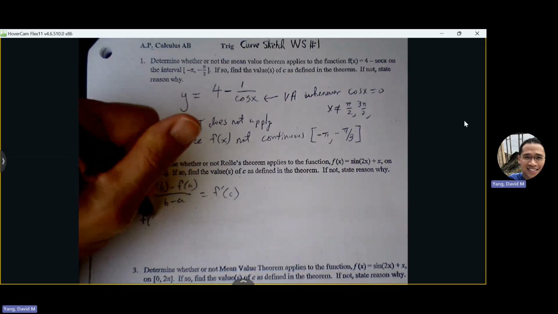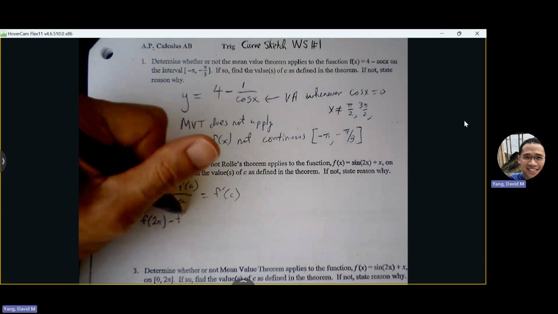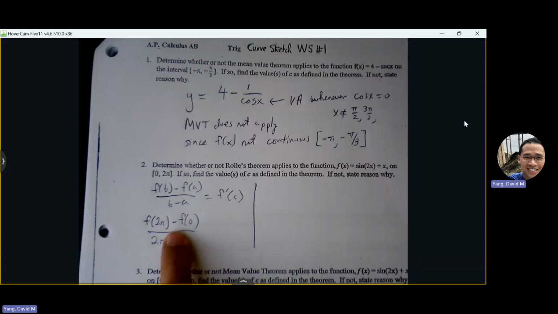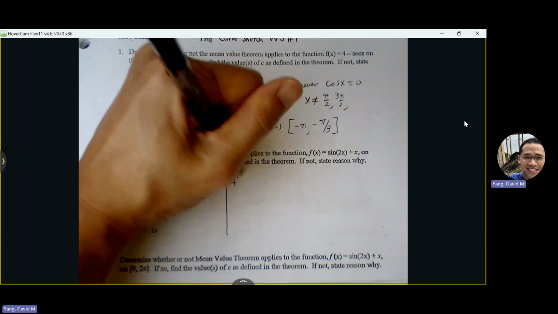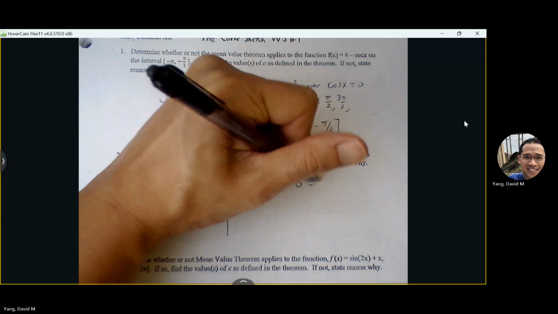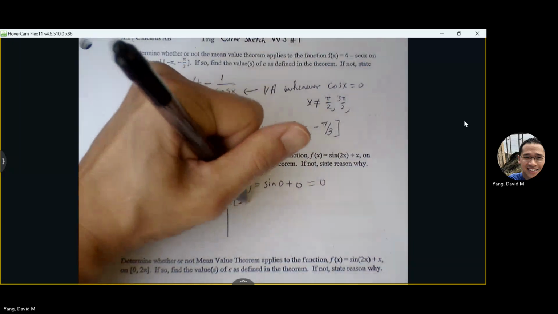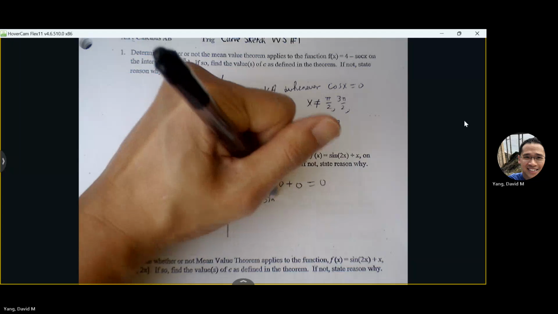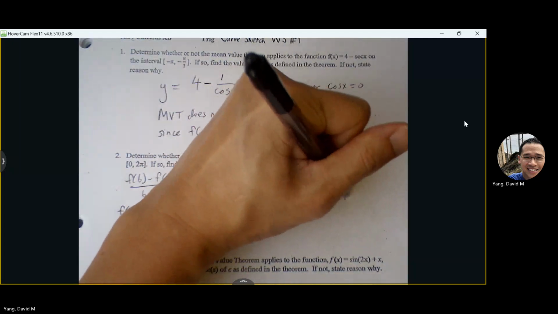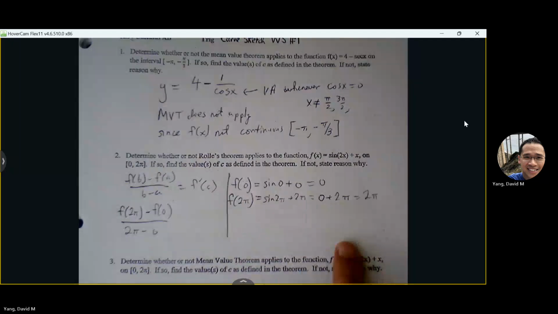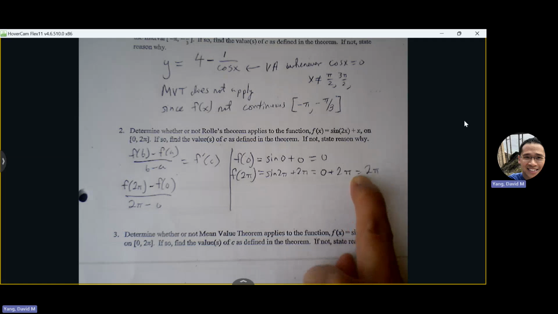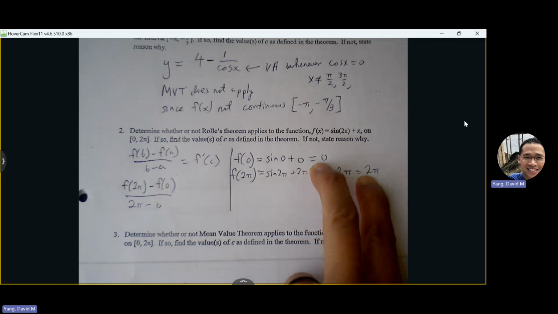So let's find those endpoints. F of 2 pi minus f of 0 over 2 pi minus 0. So let's go ahead and find those endpoints. F of 0. So we have one endpoint being at 0, the other endpoint being at 2 pi. So these are not across from each other.